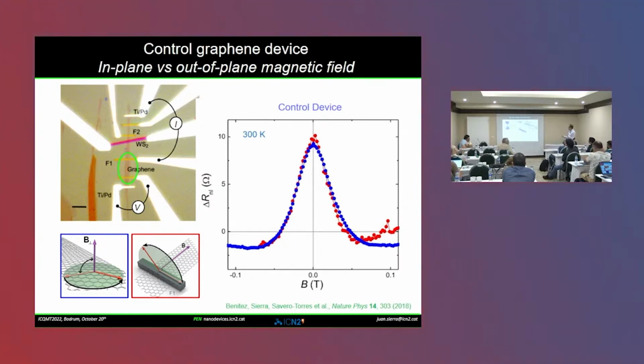So this is basically the scheme of the device. Here we attach metal electrodes to graphene, and graphene here is again partially covered with the transition metal dichalcogenide, tungsten disulfide, for the results that I will show you here also. And then we run the current through the graphene.